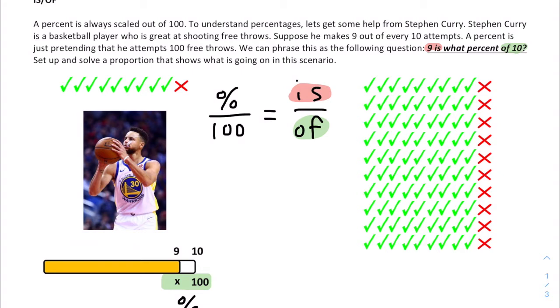All right, so if we go ahead and set up our proportion now. The percent, we don't know what it is, so we can put an x there. And we have 100. And then we have 9 is, so the 9 goes up on top, and the 10 goes on the bottom.